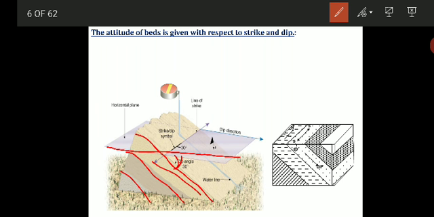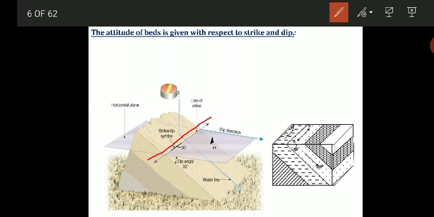Okay, this light color you can see, that is a horizontal plane, and the angle between the bedding plane and the horizontal plane is called as the dip. And the strike is defined as the direction of the line.